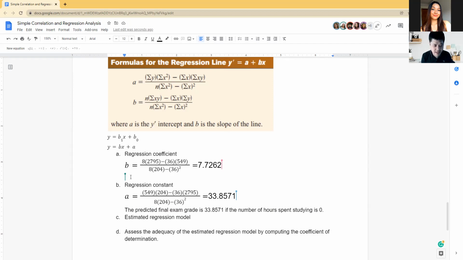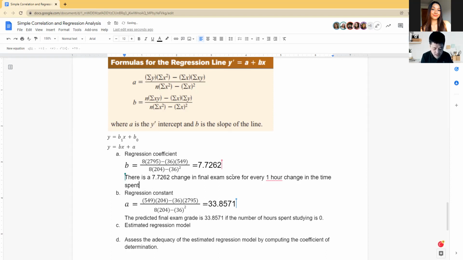So you can interpret this as there is a 7.7262 score change in final exam score for every 1 hour change in the time spent studying.